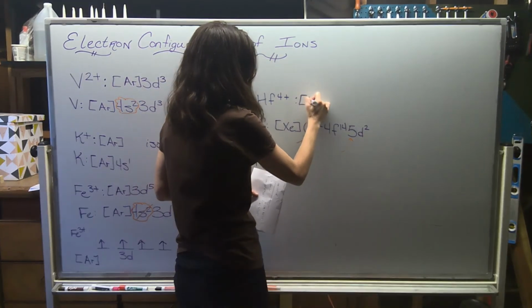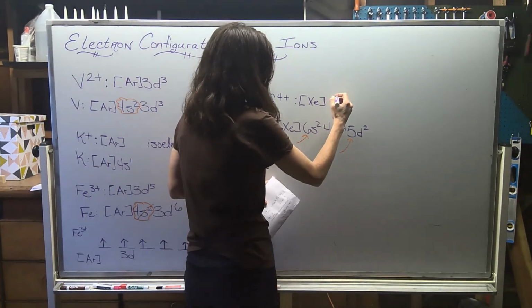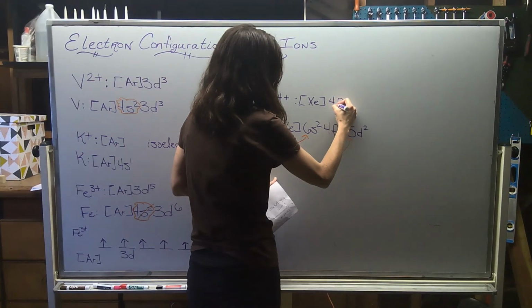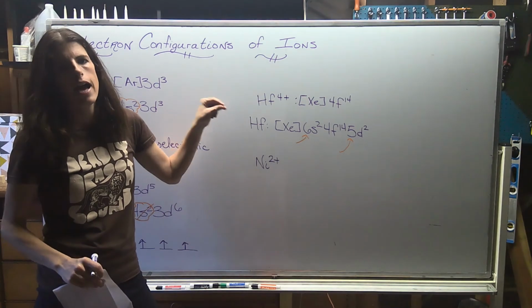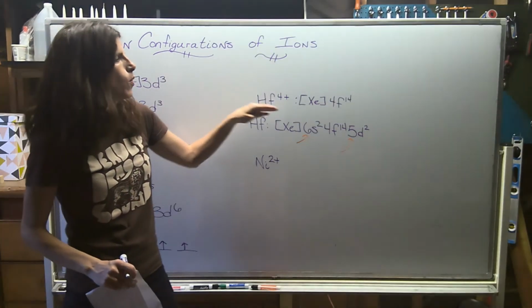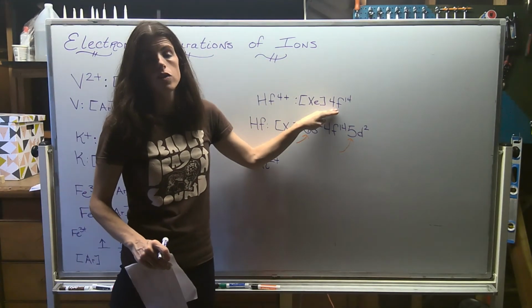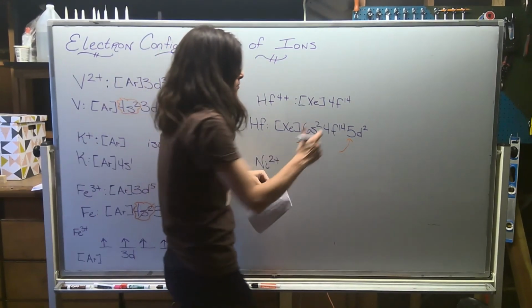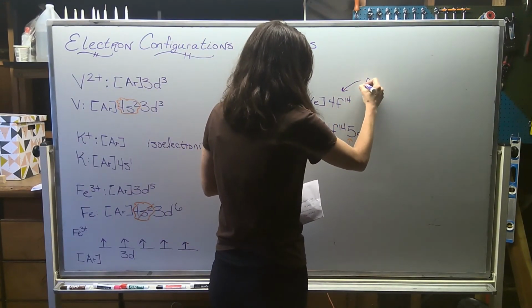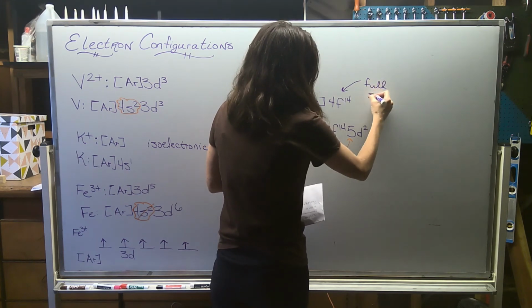What else is happening, though, to emphasize this increase in stability, as a cation, the hafnium is left with a full subshell. And that also is a very stable place to be. You can look it up.